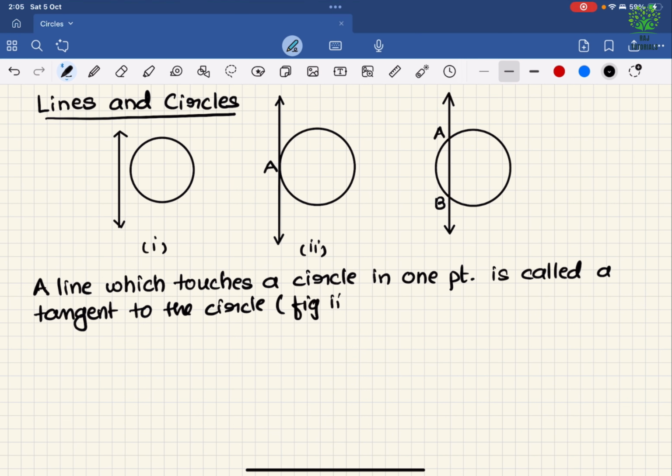Here figure 2, A point is the point where the tangent is meeting the circle. So A point is called point of contact.